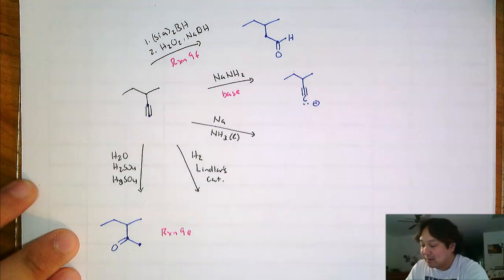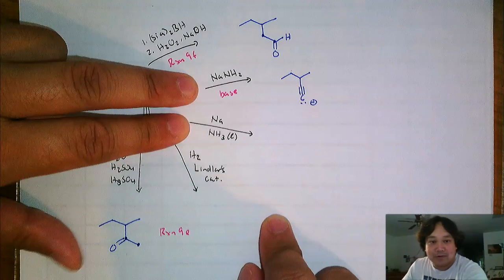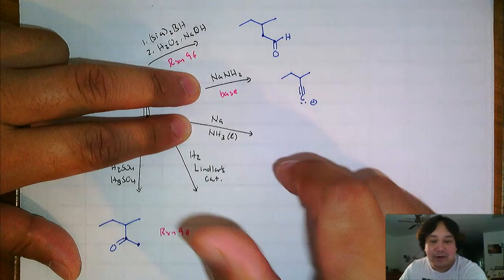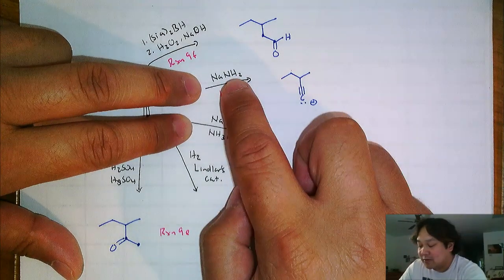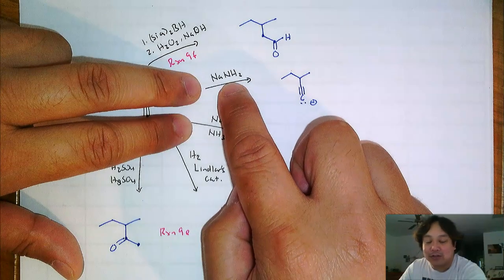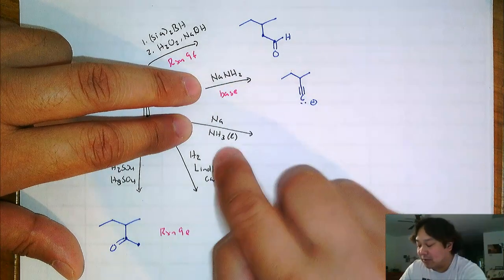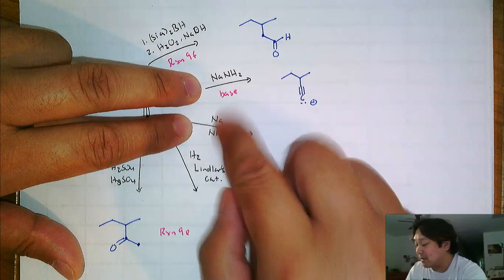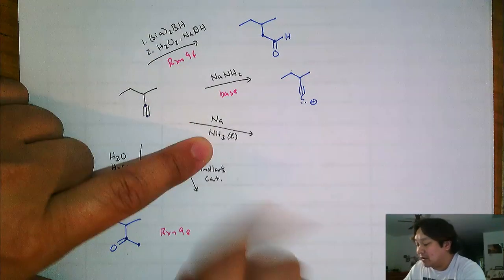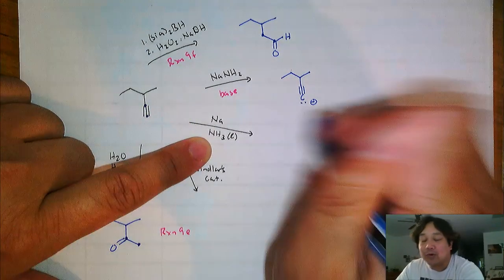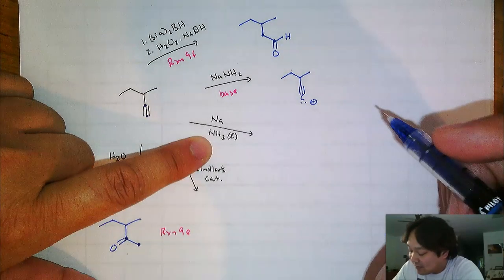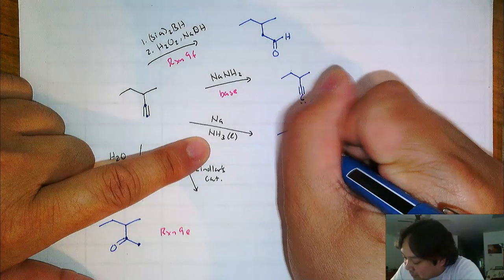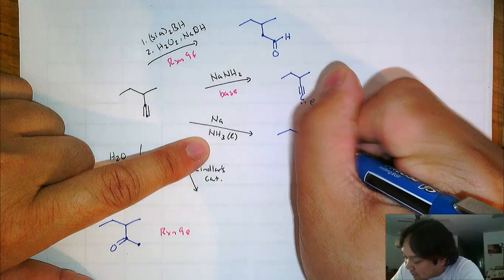Okay. Now look at these 2. I warned you in this video not to confuse sodium amide, NaNH2, with sodium metal with liquid ammonia. They look very similar, but this is converting it into an alkene, into a trans alkene. But what do you notice about this triple bond?